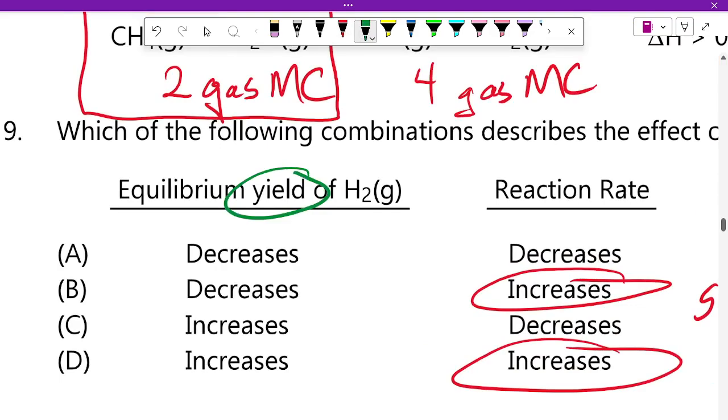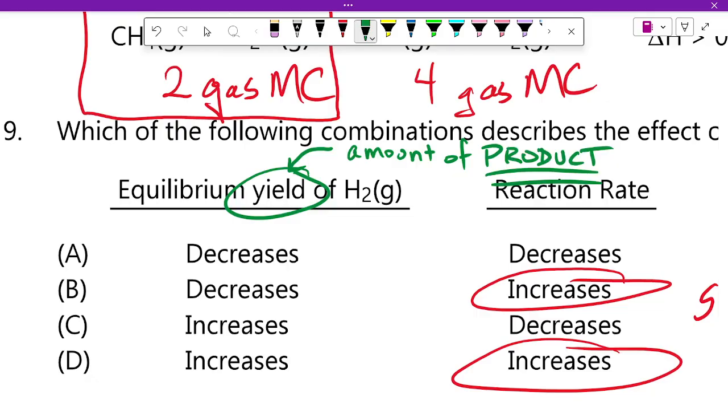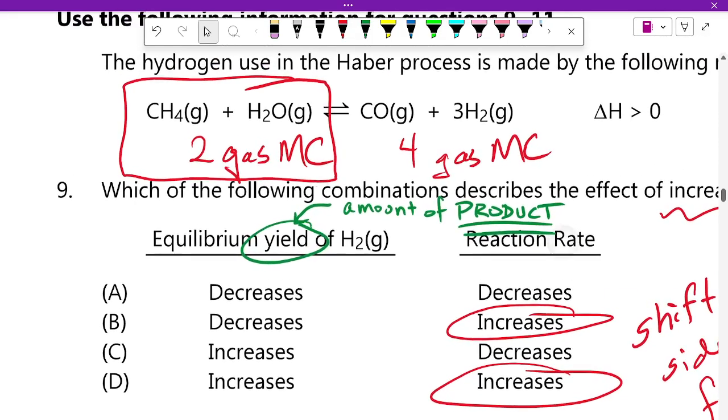Yield is the amount of product. So if we have shifted to the side with fewer gas molecules, are we getting more product or less product?